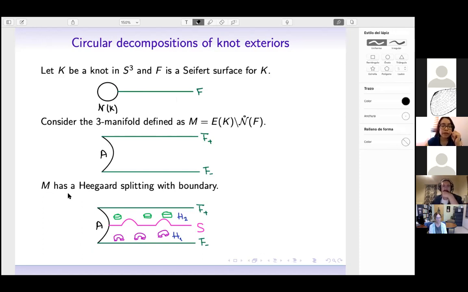We know that M has a Heegaard splitting with boundary, where we start with the Seifert surface, attach some one-handles and obtain the Heegaard surface S, and then attach two-handles to come back to the Seifert surface F plus.